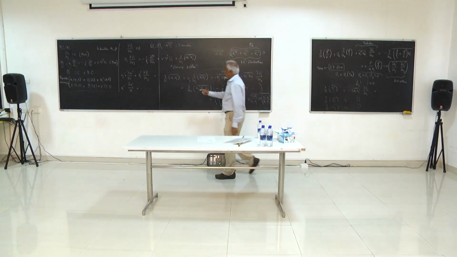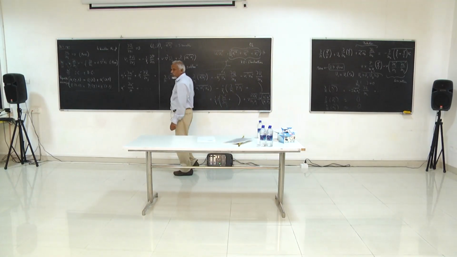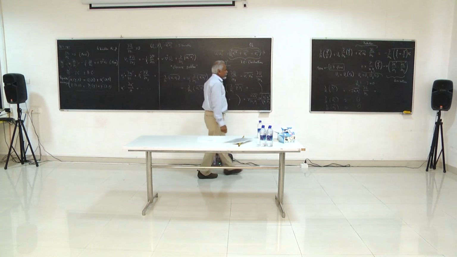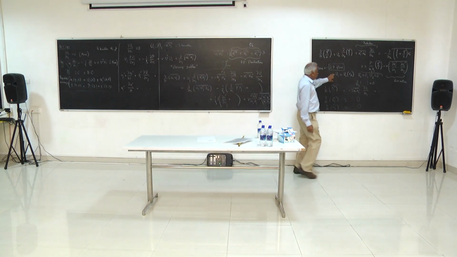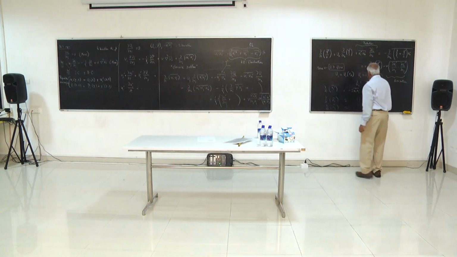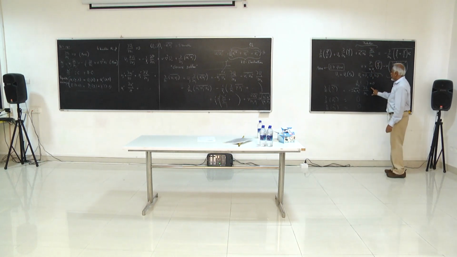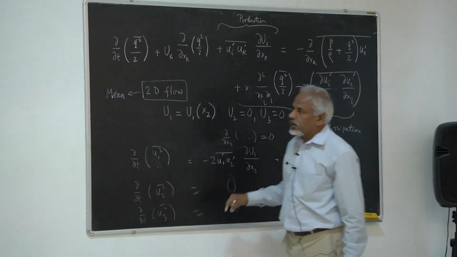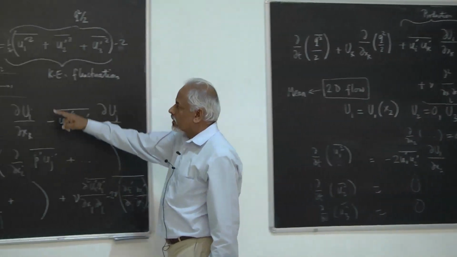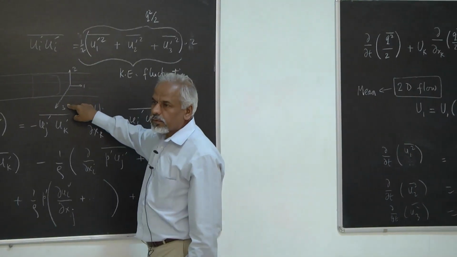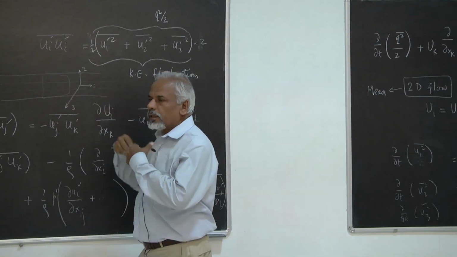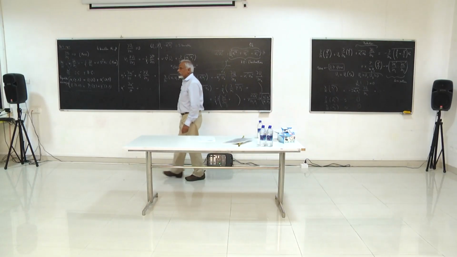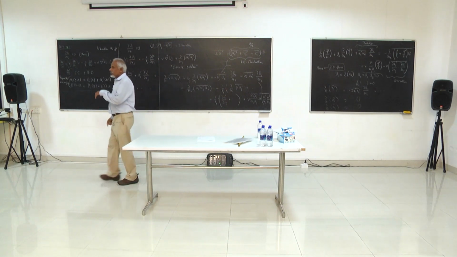I have to go back here and put i equal to 1 and j equal to 1, and that's that equation, specialized for this particular case. And then I find that the production term appears only in direction 1 and not in directions 2 and 3. So energy is being constantly produced in direction 1, but not in directions 2 and 3.